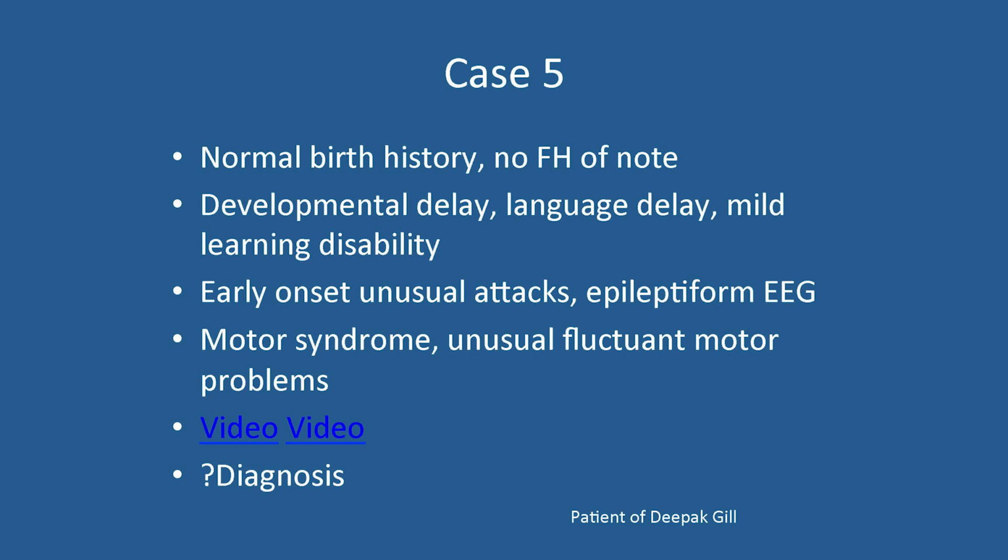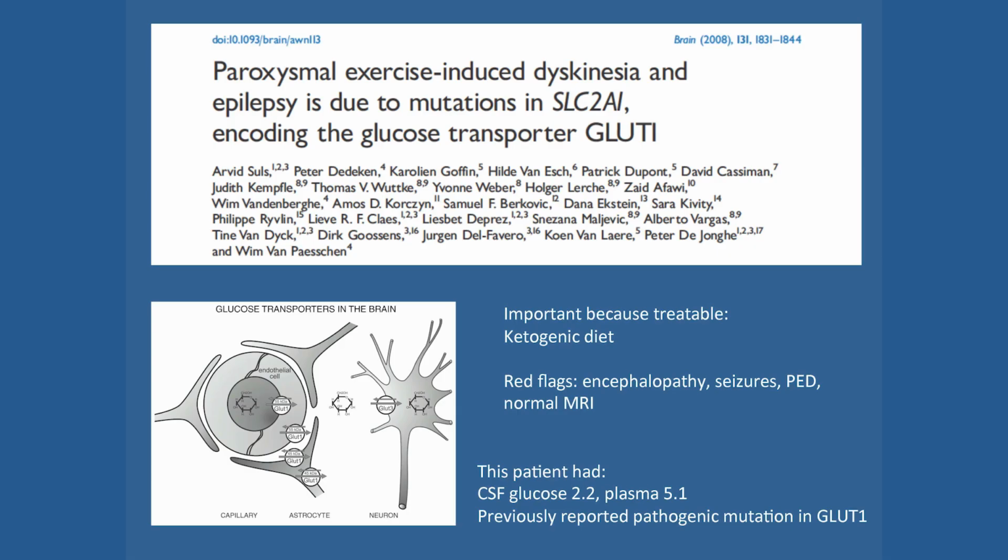But she actually has a treatable condition called GLUT1, so glucose transporter deficiency. And the important clue about this is they get dystonia, which is exacerbated by walking, so exercise-induced dystonia. They usually have seizures as well, so they'll have other symptoms giving you a clue.